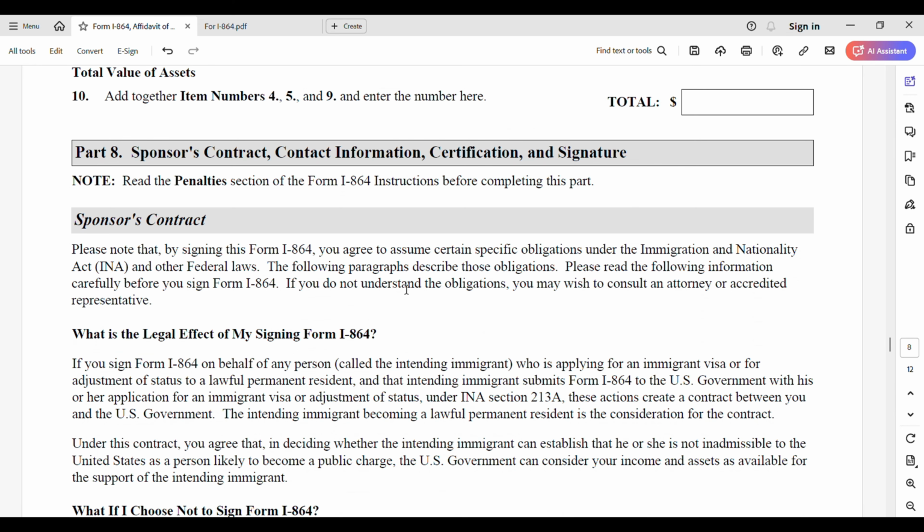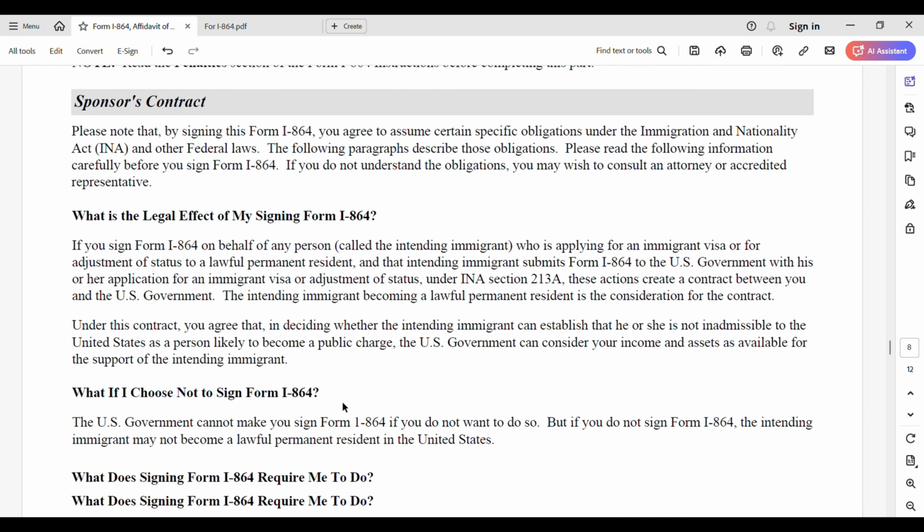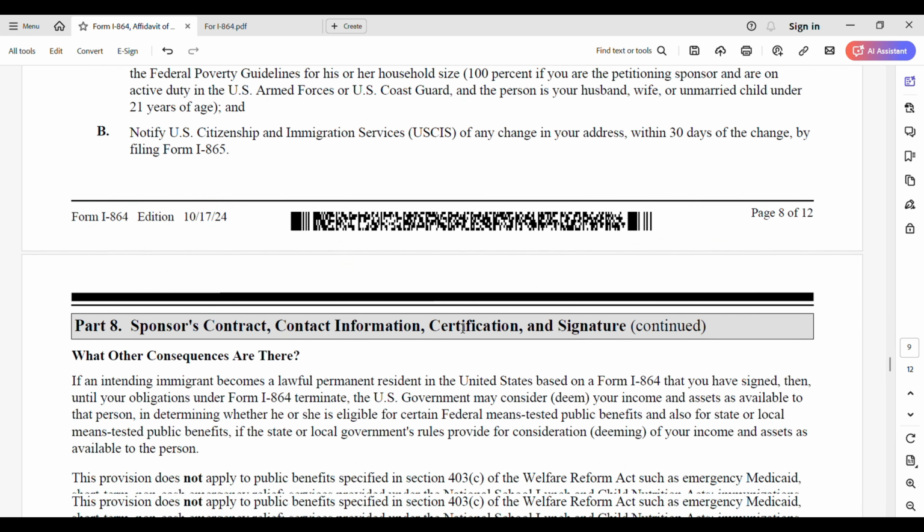The following paragraphs describe those obligations. Please read the following information carefully before you sign Form I-864. If you do not understand the obligations, you might wish to consult an attorney or accredited representative. It is very important. As I mentioned, this is your obligation. I'm going to go straight to the obligations.